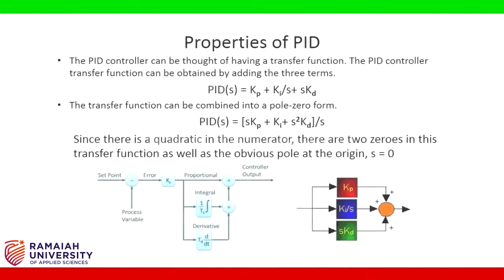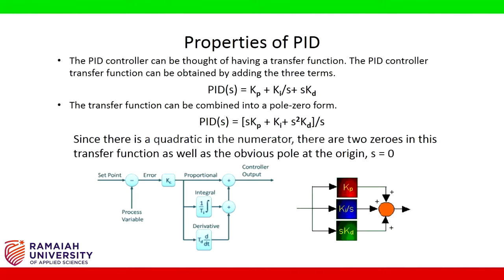Properties of PID. The PID controller can be thought of as having a transfer function, which can be obtained by adding the three terms. PID(s) is equal to K_p plus K_i by s plus s times K_d.